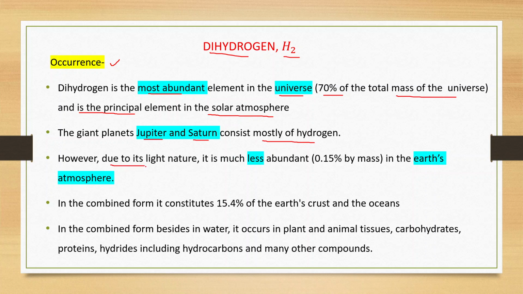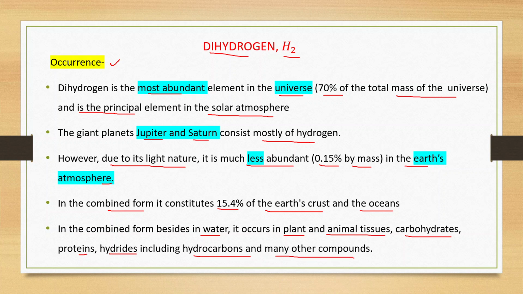However, due to its light nature, it is much less abundant, only 0.15% by mass, in the Earth's atmosphere. In the combined form, it constitutes 15.4% of the Earth's crust and the oceans. In the combined form, besides in water, it occurs in plants, animal tissues, carbohydrates, proteins, hydrides including hydrocarbons, and many other compounds.